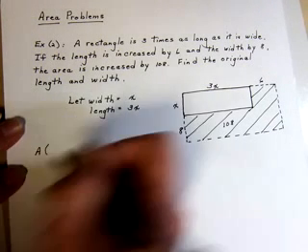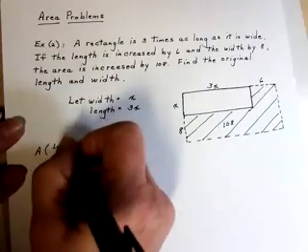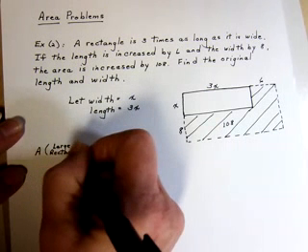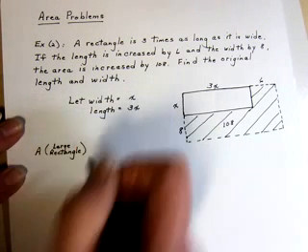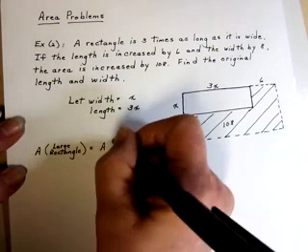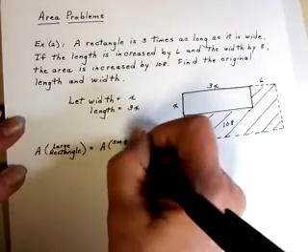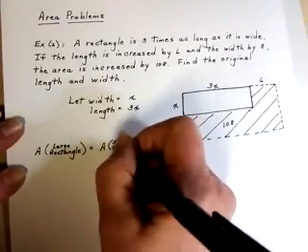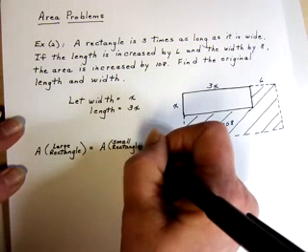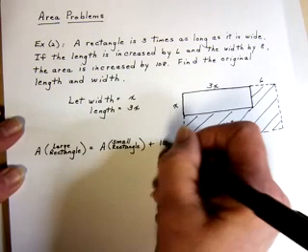The area of the large triangle, or the large rectangle, from the picture we see is equal to the area of the smaller rectangle plus 108.